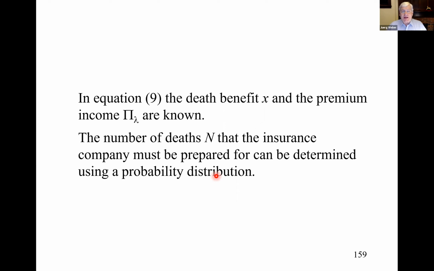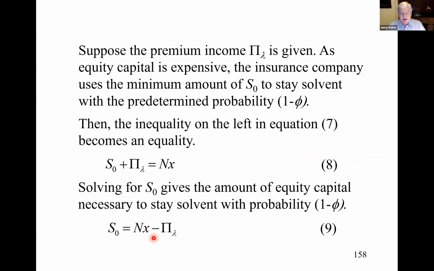Now, in this equation 9, the death benefit X and the premium income are known. But the number of deaths is uncertain. But it can be determined by using a probability distribution. So the X is known, that's a fixed death benefit. By assumption, we know the premium income, and the N, the number of dead people, we can determine by a probability distribution.